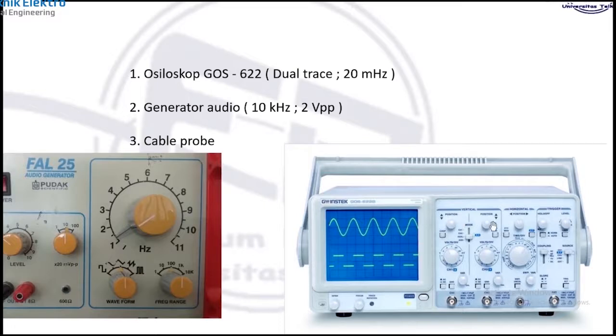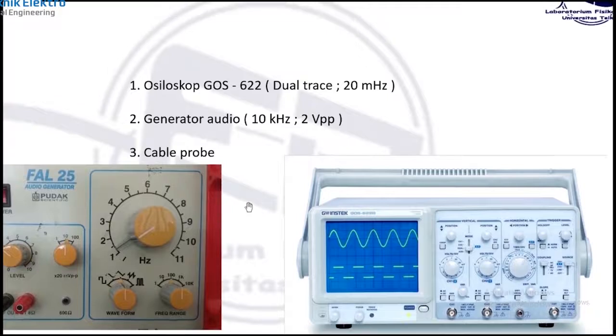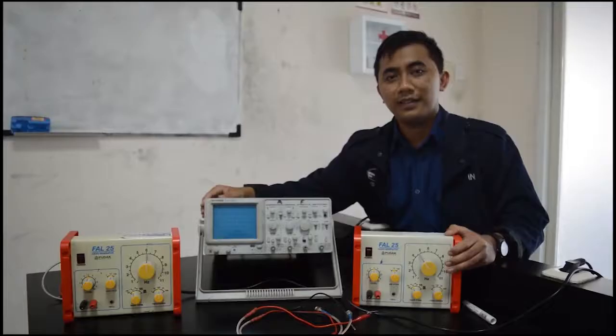Channel 2 is the same, and we can show channel 1, channel 2, dual, or add. And the horizontal. For further details you can go to the procedure and watch the demo or the video.